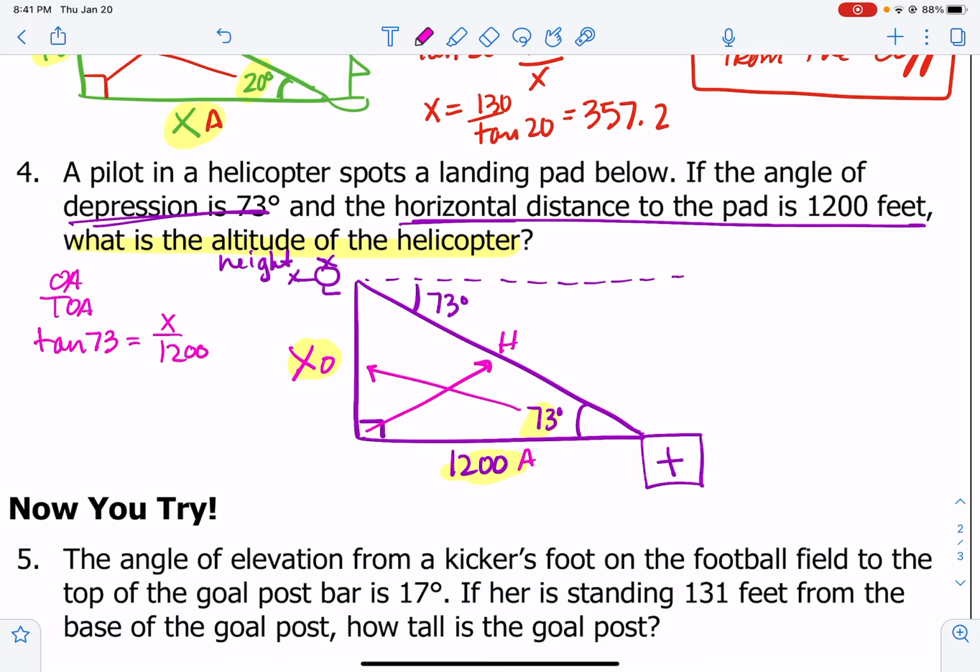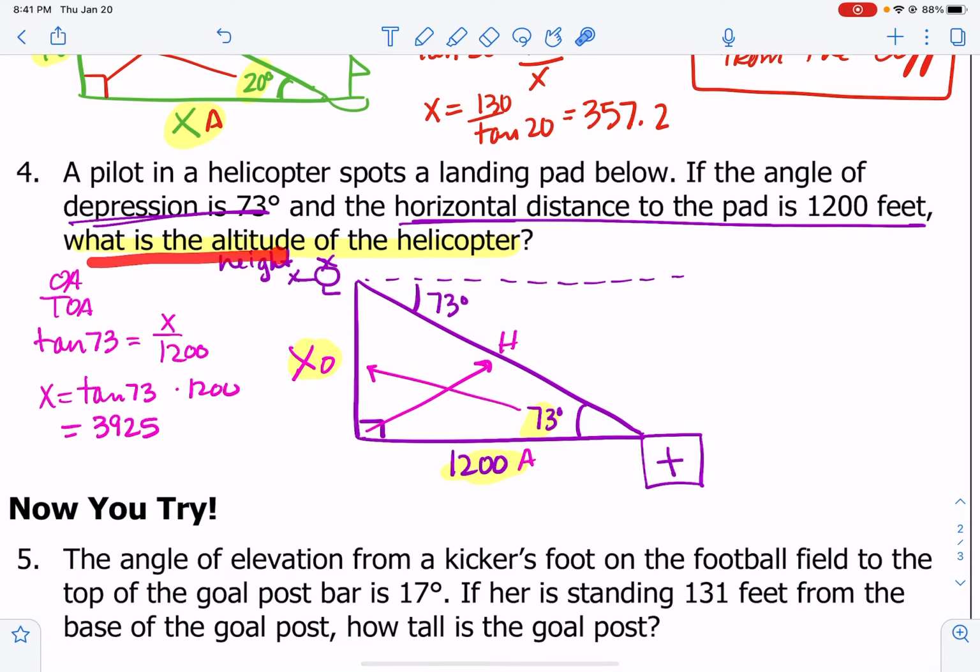This time X is in the numerator. So when X is in the numerator, we multiply. So that means that X equals tan 73 times 1,200, which is 3,925. But what is 3,925?